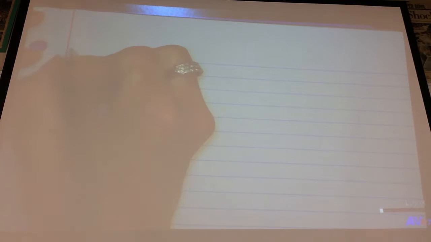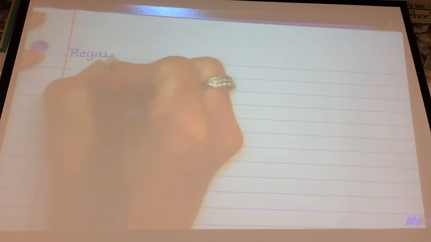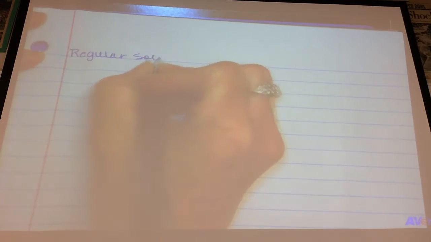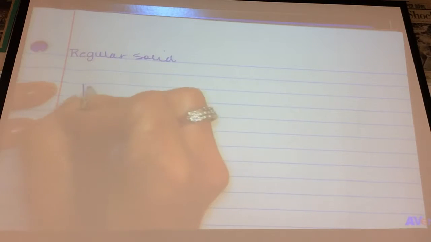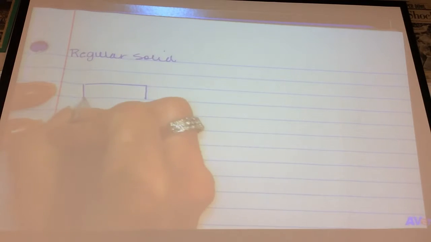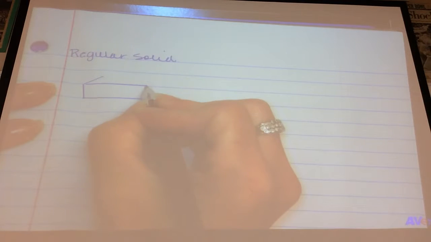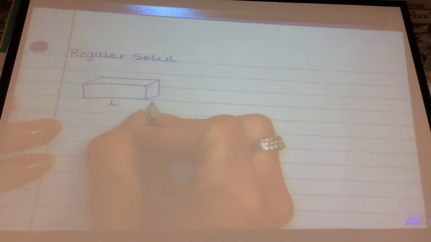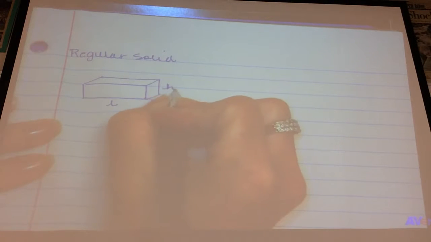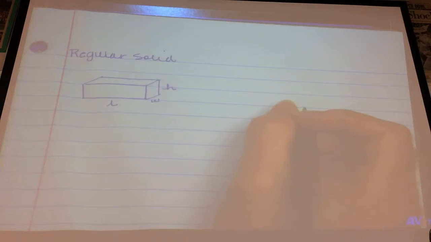might be something like a rectangular prism, where if you had a rectangular prism, the length, the width, the height, how could you determine the volume of that rectangular prism? Excellent.